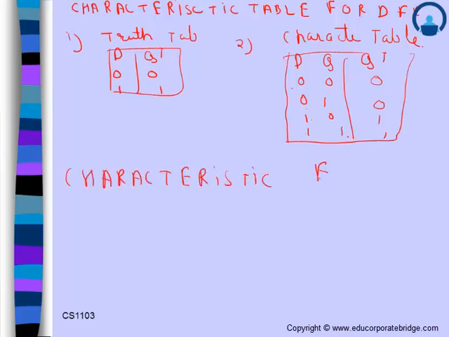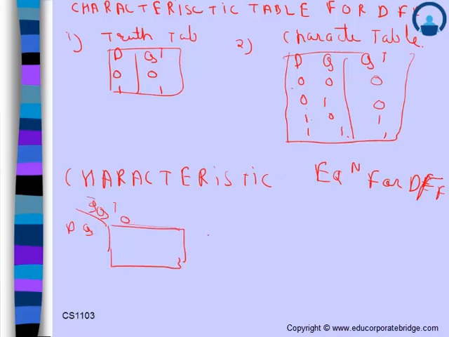Characteristic equation for D flip-flops. D, Q, Q plus. Say Q, Q plus will be zeros. Sorry, it will be D and Q. So it is high for 0 1. You can see 2 and 3.